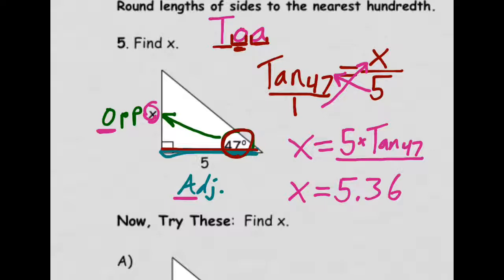Okay, so this is your x, and so that side is going to be 5.36 units long. Right? Now that's what sine, cosine, tangent, all these trig functions are good for. If you're given an angle and a side, then you can figure out the other sides.